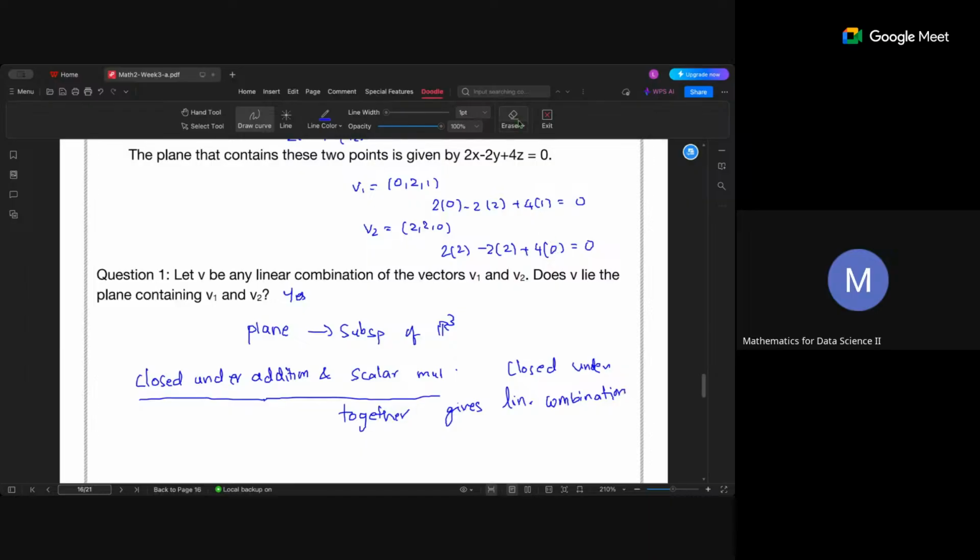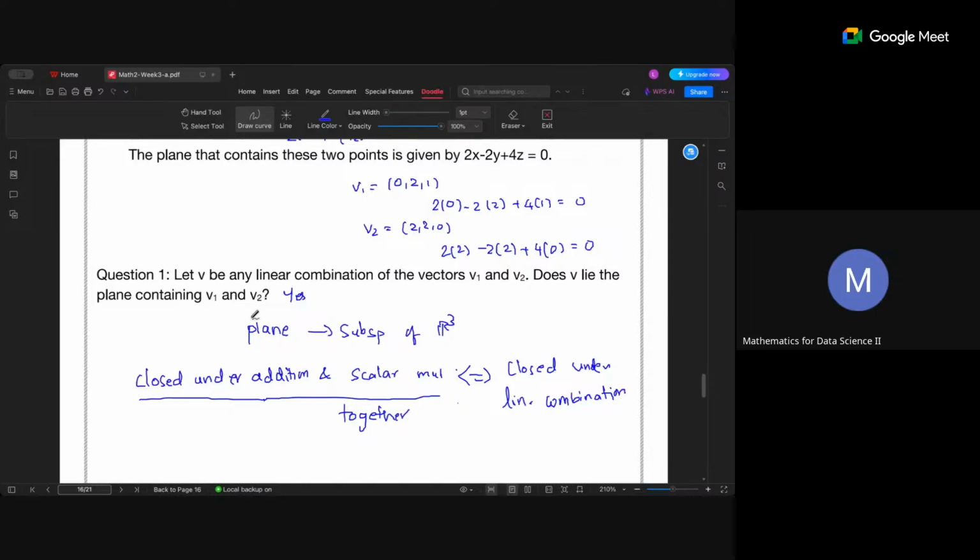So if you are verifying both these two or just linear combination, everything is same. Here we see that since subspaces are closed under addition and scalar multiplication, they should also be closed under linear combination, because linear combination is simply a combination of these two operations.